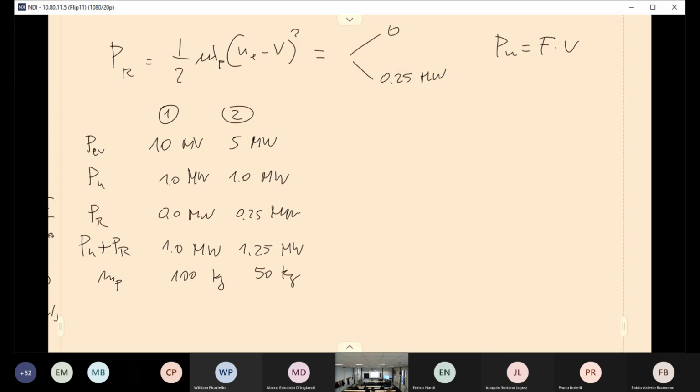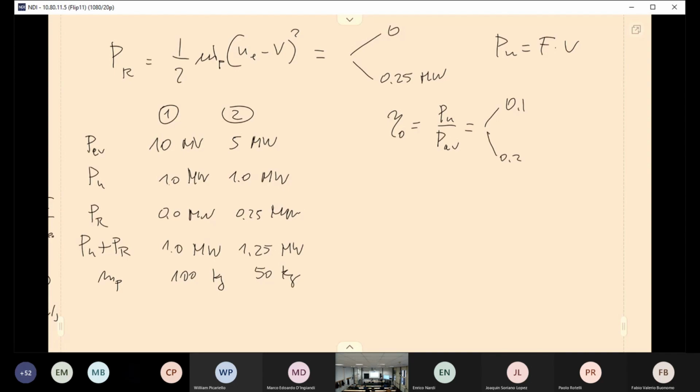With these powers, we can evaluate the internal and overall efficiency. In particular, the overall efficiency is PU over P available, and it will be 0.1 in one case and 0.2 in the second case.